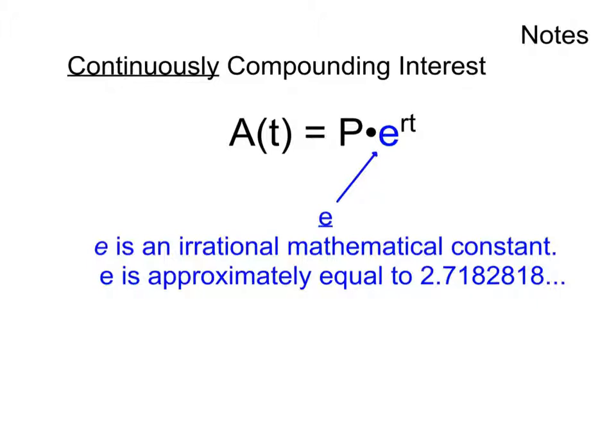And the first way that you can see it coming up was with continually compounding interest. Now you notice I underlined the word continually there. I would suggest you do the same in your notes, because that's what tells me that I need to use this formula. If I don't see that word continuously in a problem, I don't use this formula. If it's hourly, I use the other one that we got at the start of class.